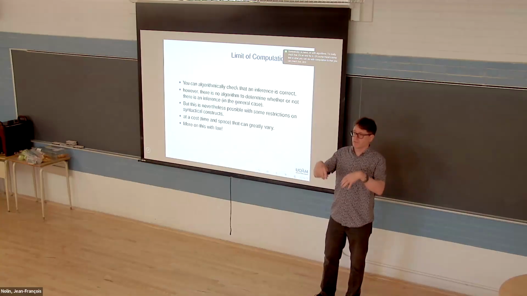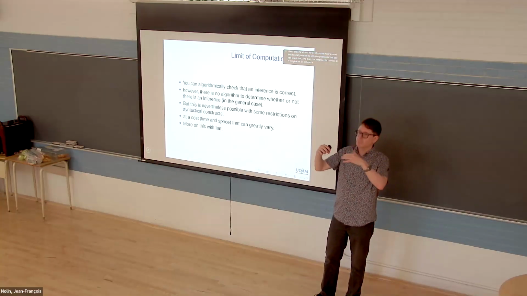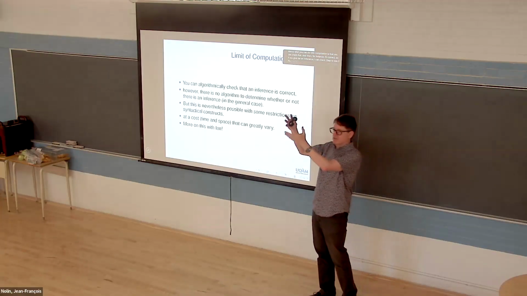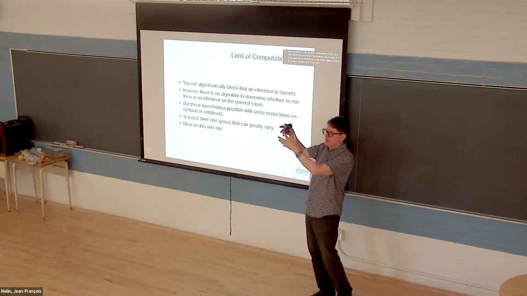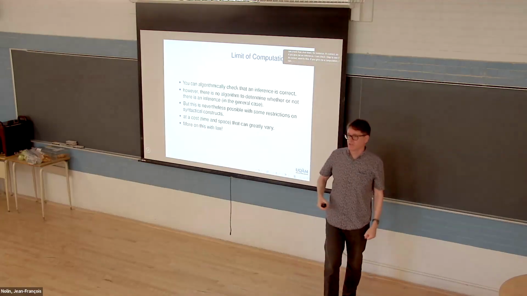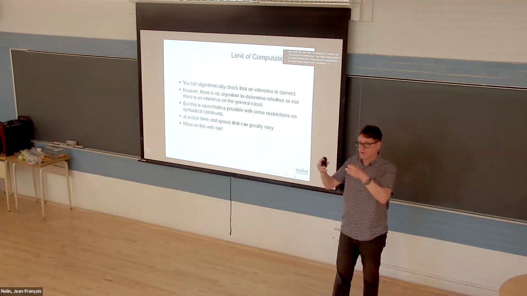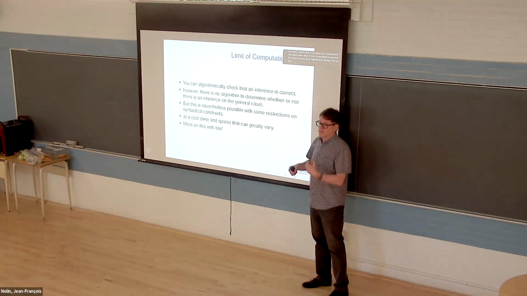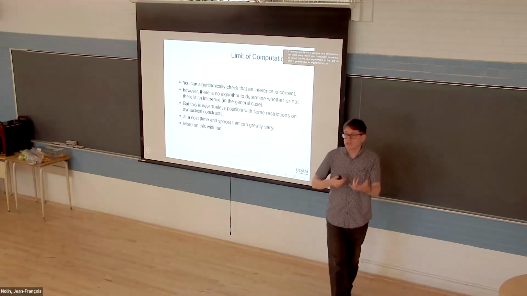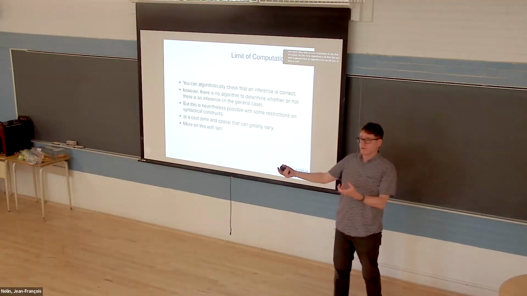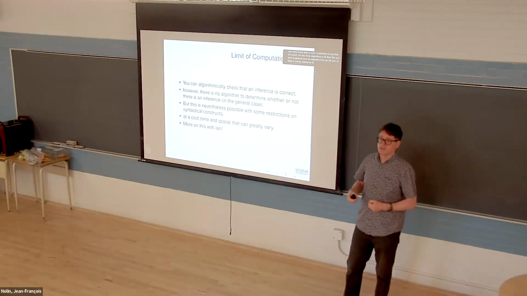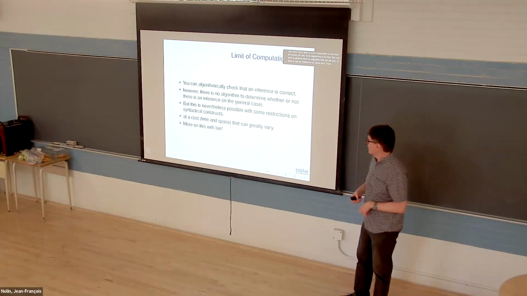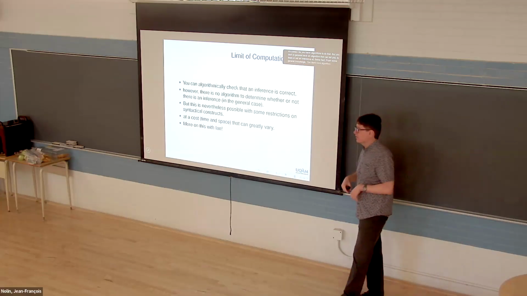If you give me an inference, I can check every step to see if it's correct, exactly like if you give me a computation, I can check every step to see that it's correct. So you have algorithms to do that. But you don't, in general, have an algorithm that can tell you whether or not there is an inference of some fact from some general knowledge.